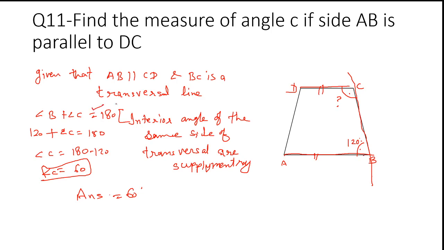The sum should be 180 degrees, because by the property of parallel lines, when parallel lines are cut by a transversal, the interior angles on the same side are supplementary. By using this property, we can find the unknown angle C. So angle C is equal to 60 degrees.